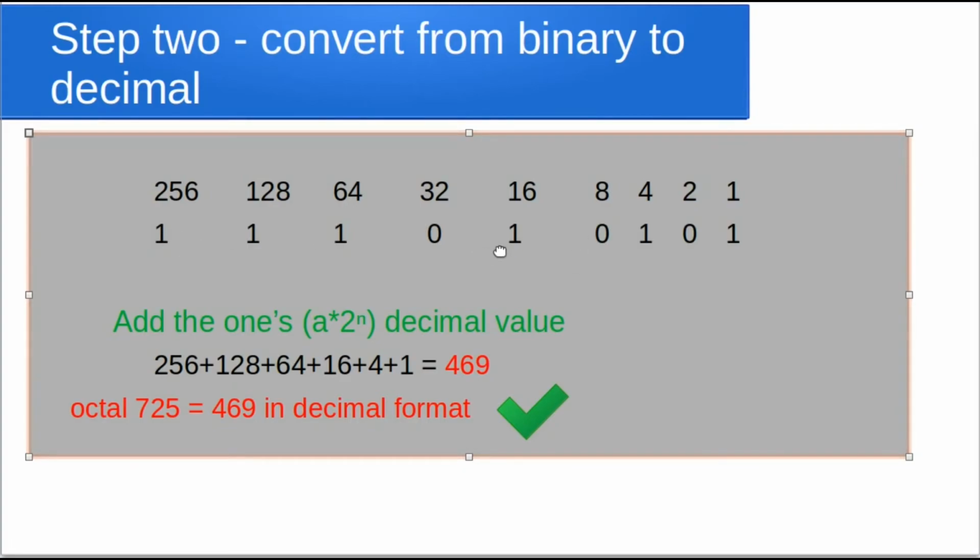We don't need to add the zeros, because it would make no difference. So it's 256 plus 128 plus 64 plus 16 plus 4 plus 1, which is 469. So the octal value 725 in decimal format is 469.